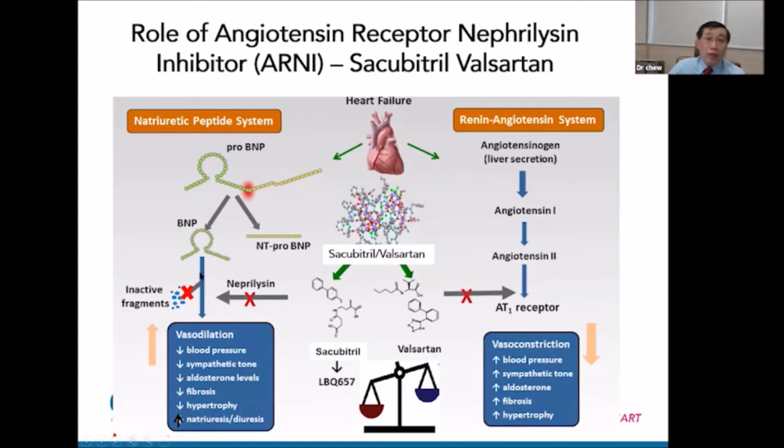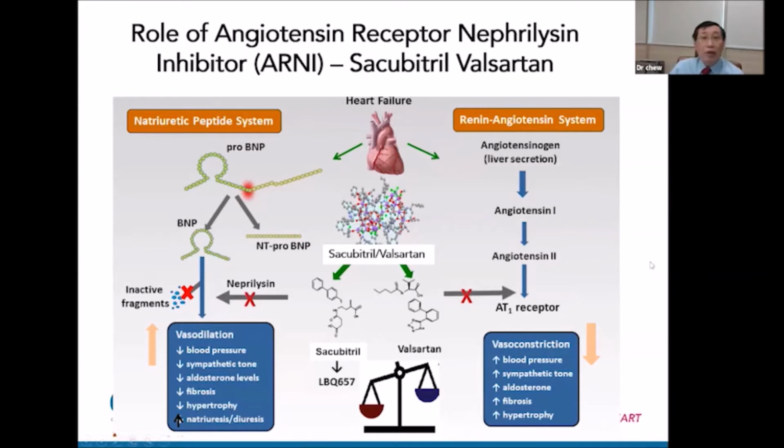Natriuretic peptide has beneficial effects in heart failure, and if we can inhibit the breakdown of natriuretic peptides, more natriuretic peptides are available, and natriuretic peptide causes vasodilatation, reduces blood pressure, and increases natriuresis and diuresis. So we try to balance the vasoconstriction by inhibiting it and promote vasodilatation, and therefore try to improve heart failure.